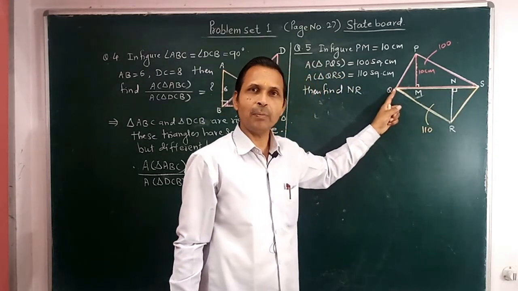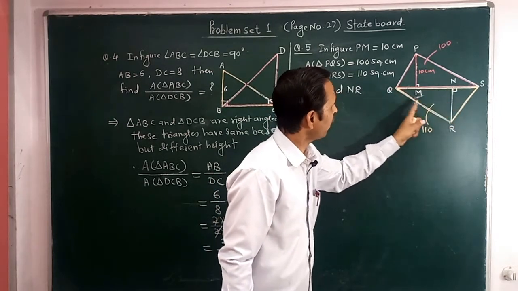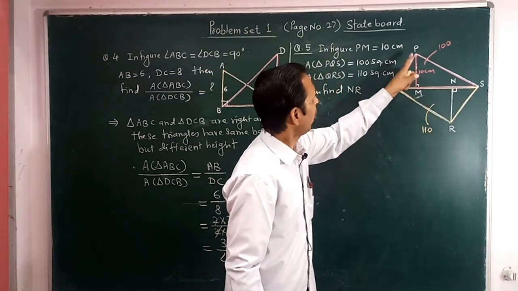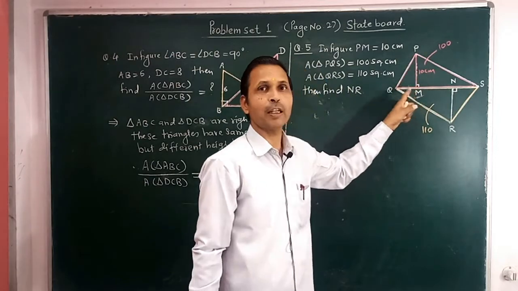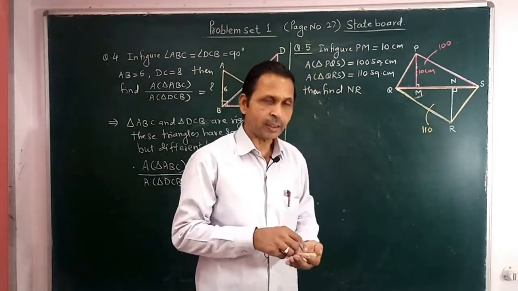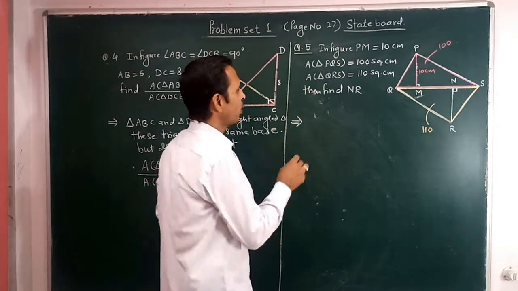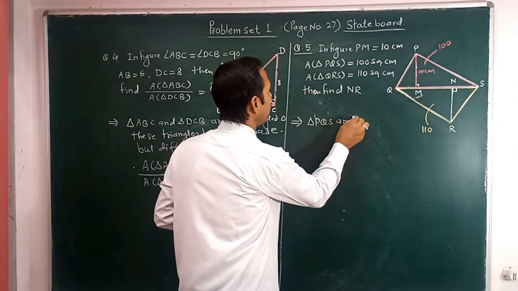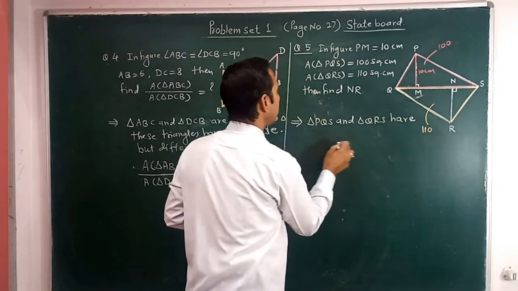QS is the common base, and NR is the height of triangle QRS because it is perpendicular to that base, and PM is also perpendicular to the base, so PM is also the height. These two triangles have the same base, then how do we write the ratios? Write here: triangle PQS and triangle QRS have the same base.